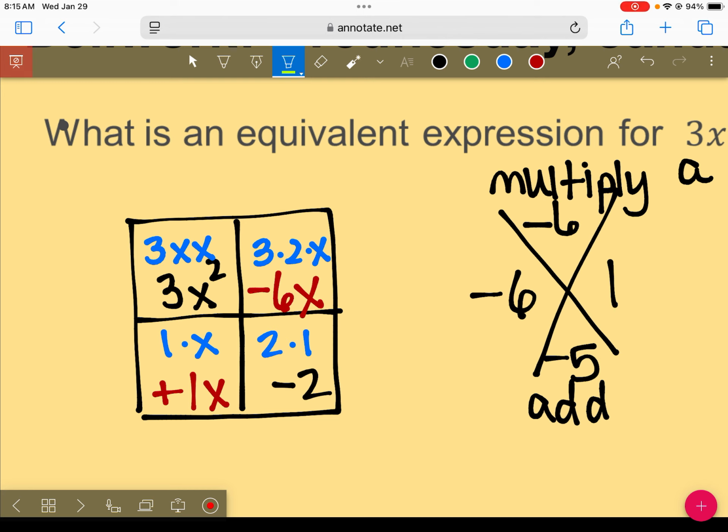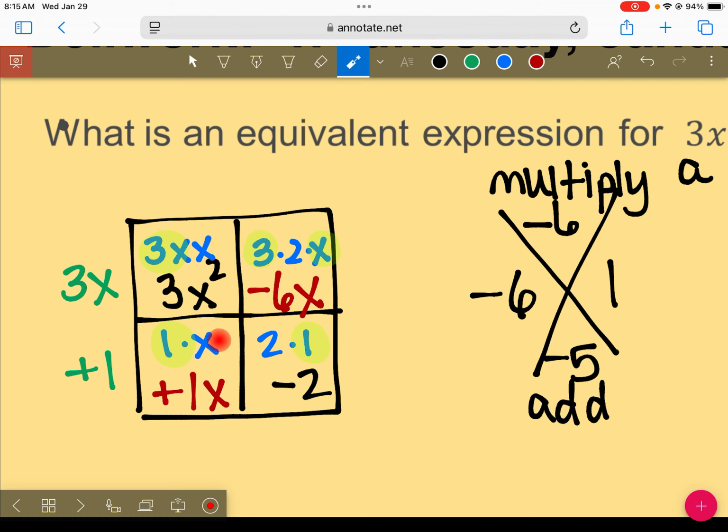When I look at these 2, they both have a 3 and an x that can come out. And both of these boxes have a 1. So I'm taking out a 3x and a positive 1. Now, what's left that I didn't highlight?